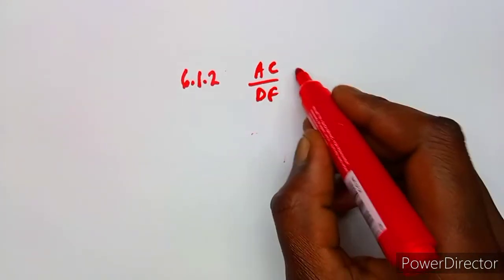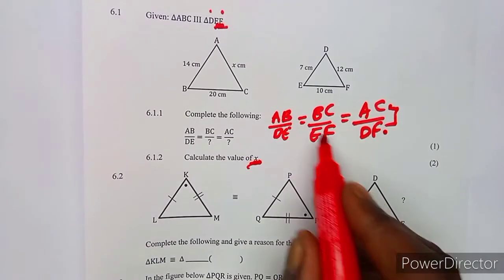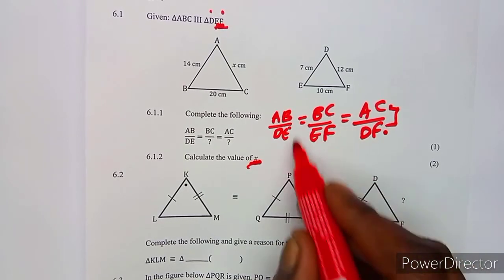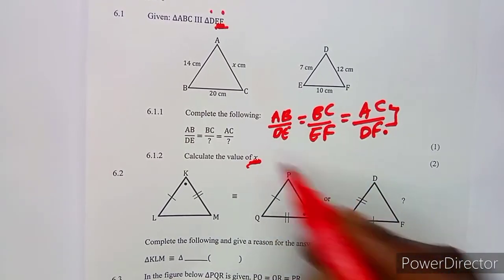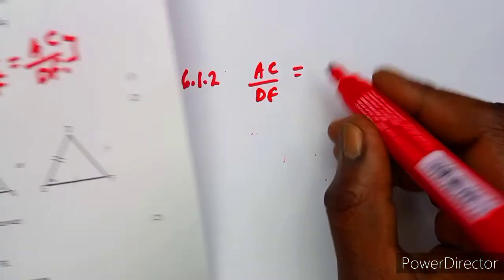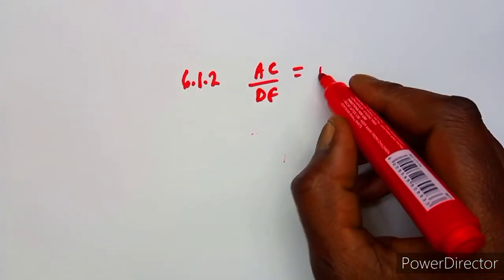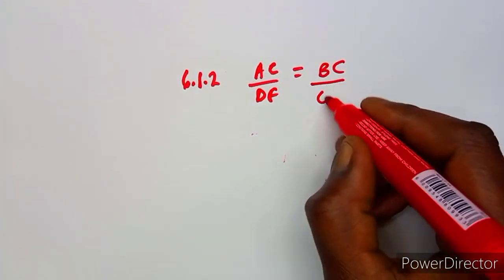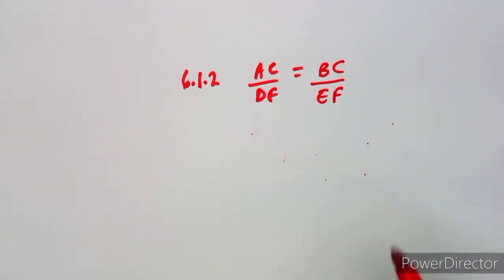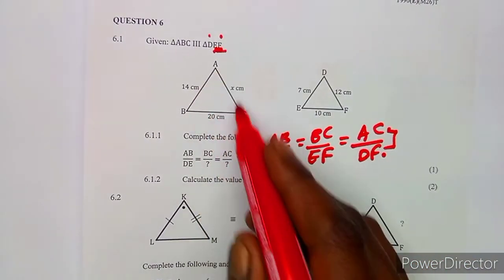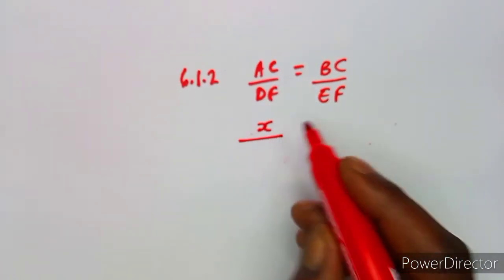Then you equate to any of these two, either AB or whatever you want. In this case, I'm just going to use BC and EF. You just take any of your choice. AC is the one that is equal to x, so it's x over DF.